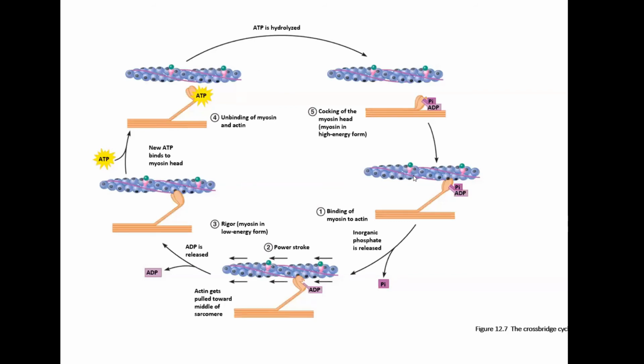This is our cross-bridge cycle. Hopefully this looks familiar. I'm pulling this up because it explains what's going on with fast versus slow twitch. There are actually two versions of myosin, and they differ in how fast they can hydrolyze ATP.